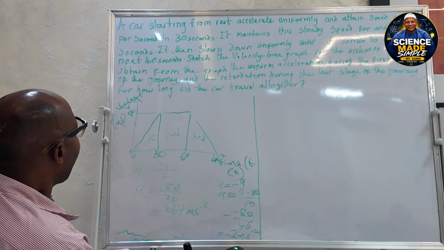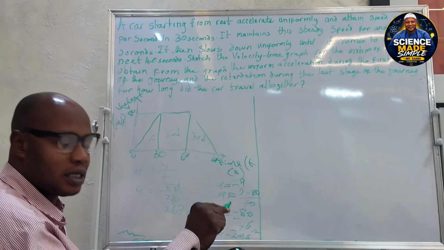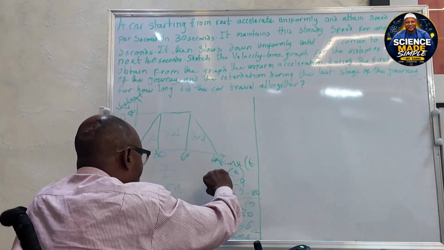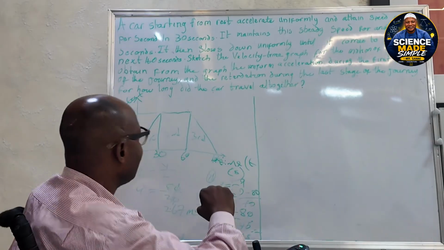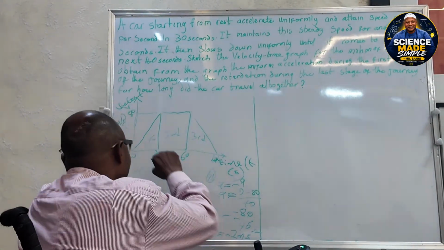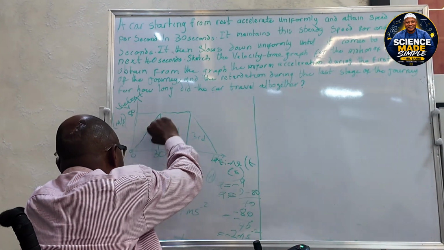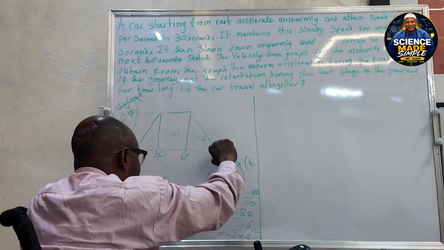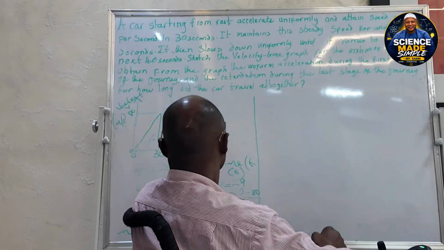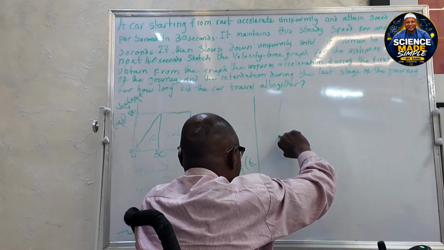So how long did the car travel altogether? That's the last question. How long did the car travel altogether? That is the distance covered by the car from the starting point, moving here, and moving down. From the diagram, you can see we have 3 stages.